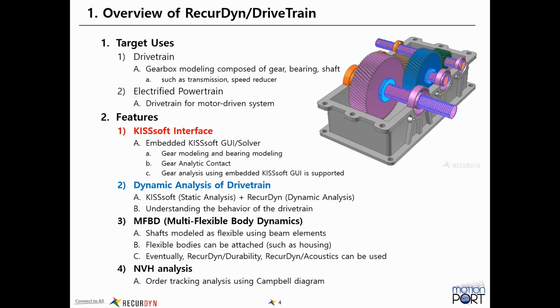So it's taking into account the very detailed geometry of the gears and performing analytical calculations to provide very accurate contact results. And then also there's an embedded KSSoft GUI within the DriveTrain toolkit, which will allow for gear analysis.